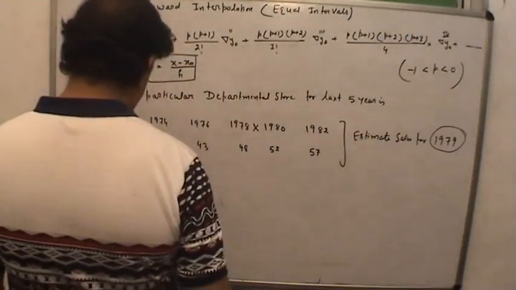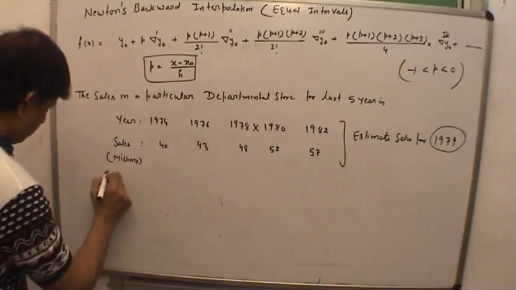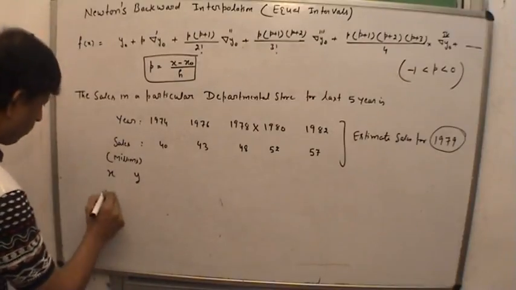So, first of all, we prepare the table of x and y. We can write these values in vertical form.